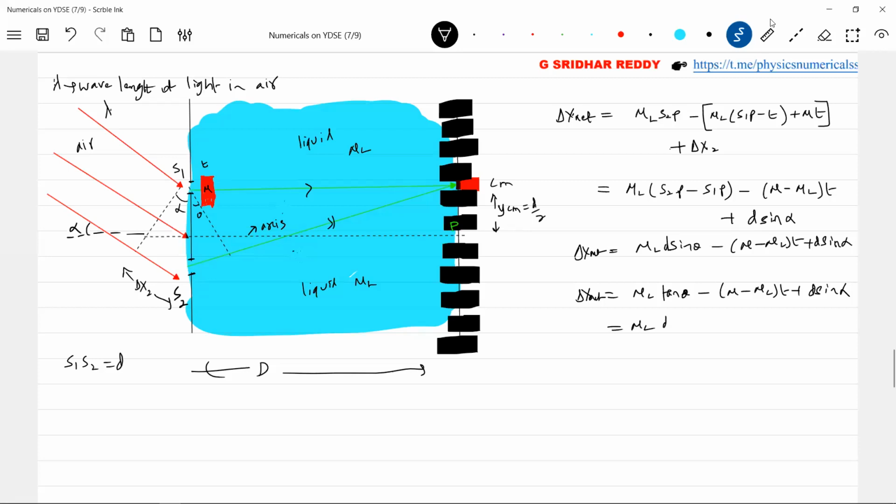Mu L tan theta will be small d dy by capital D. Sir, from tan theta equals y by D, how did you write this? This is that y.